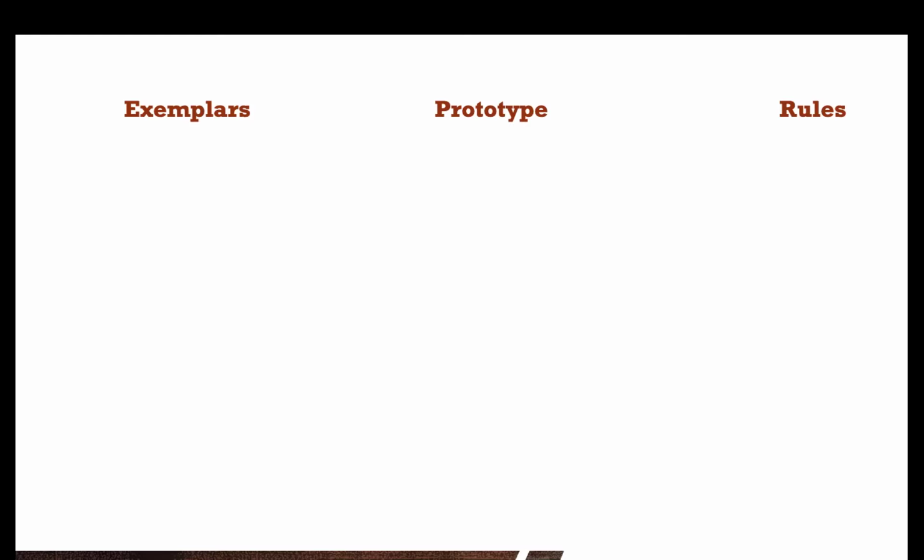Okay. So the idea is we have a prototype, which is, say, here. And that's our generic idea of what a category, let's say a dog, is, right? Then we meet a new stimulus, which is this one.